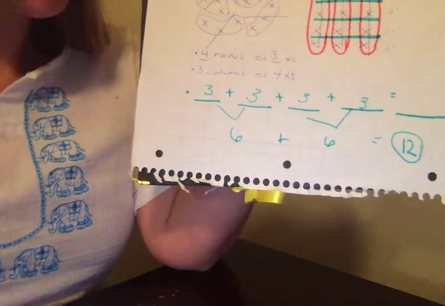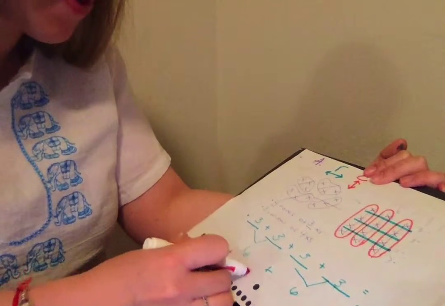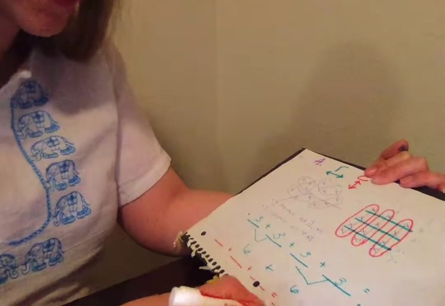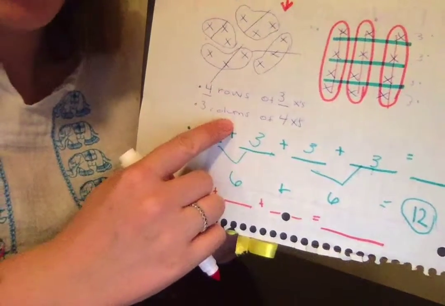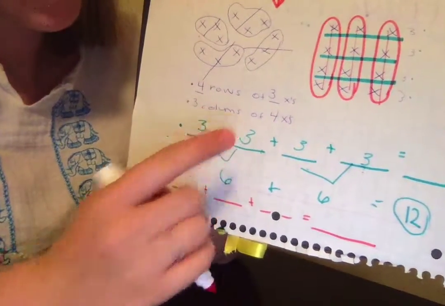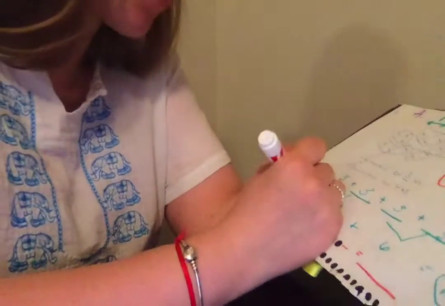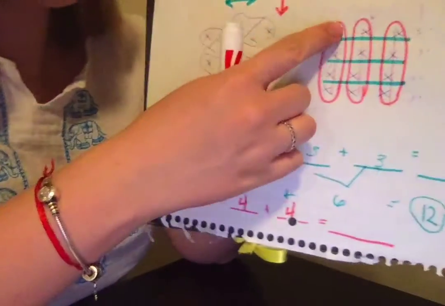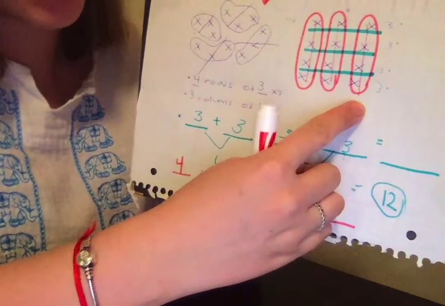Then sometimes it'll have 3 lines that you want to add. And if it has the 3 lines, guess what you'll be adding? Well, the 3 columns, because you only have 3 of them, and each one of them has 4 X's. So I'm going to add 4 plus 4 plus 4, because there's 4 here, plus 4 here, plus 4 here.